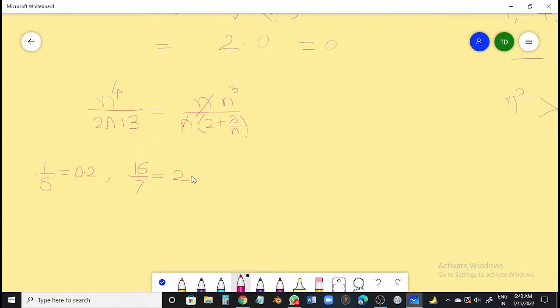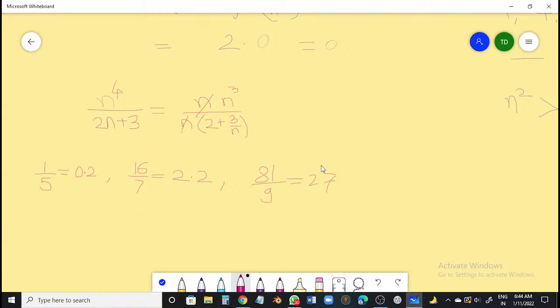So approximately 2.2. What happens next? 3 raised to 4 gives 81, upon 3 twos are 6 plus 3 is 9. The value jumps to 9, that is 27 directly.